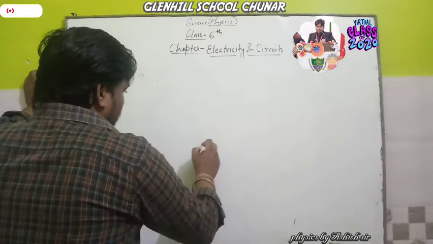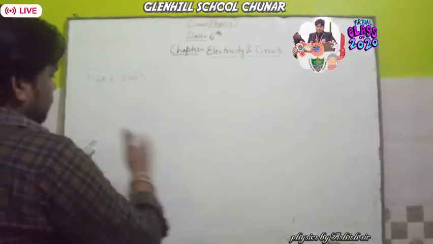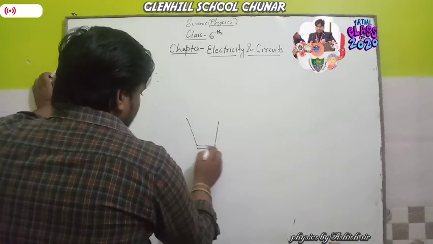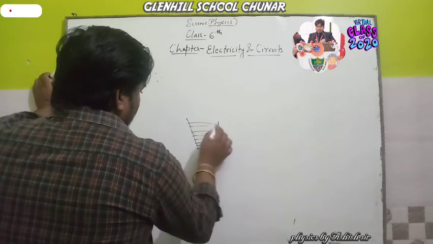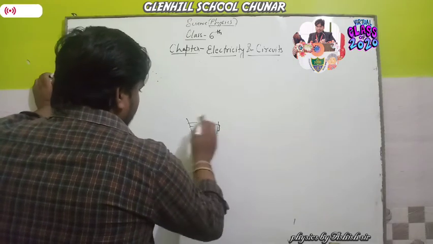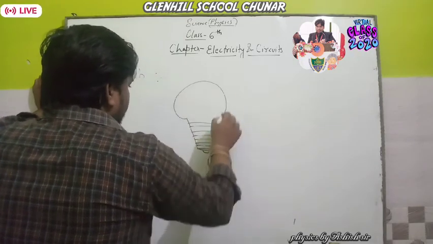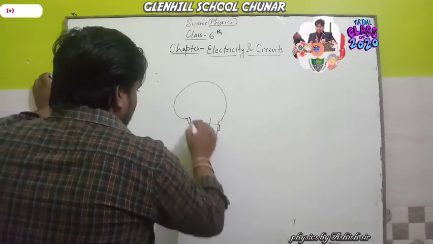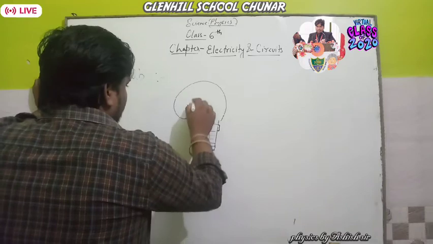Suppose this is a bulb, this is the terminal, and through this a filament.